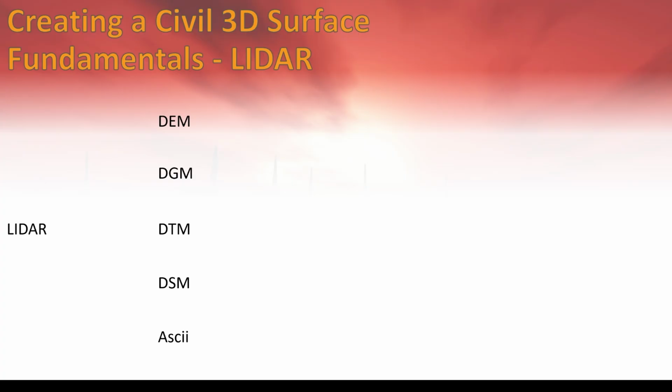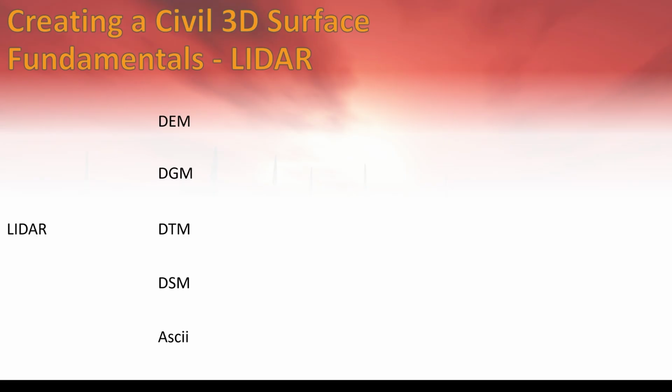DEM is a digital elevation model, then you've got a digital ground model, DGM, a digital surface model, and an ASCII grid. They're all the same thing basically. The names are completely interchangeable. ASCII stands for American Standard Code for Information Interchange, and it's a universal language for text exchange. Remember, this is just a file with lots of XYZ data in it.